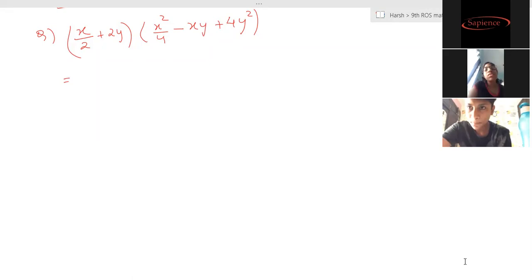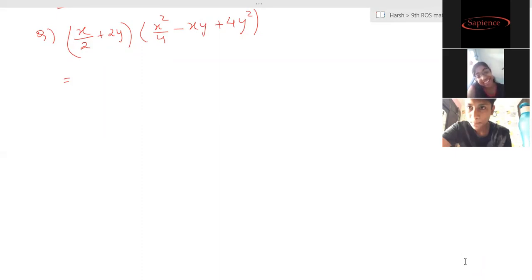It is A plus B into A square minus AB plus B square, not 2AB. In the last many months, this is the first time you have given me a chance to ask you to write this formula, and you have to send it to me today. You will always remember this formula. In fact, write both A cube plus B cube and A cube minus B cube and send it to me today. Got it? Is it satisfying now?